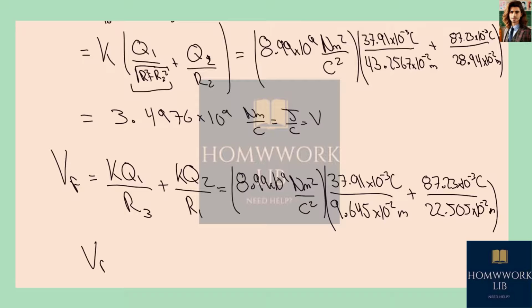So with this, the final potential is going to give us 7.0018 0181 times 10 to the 9 volts.